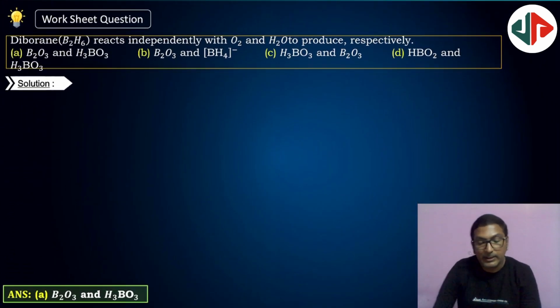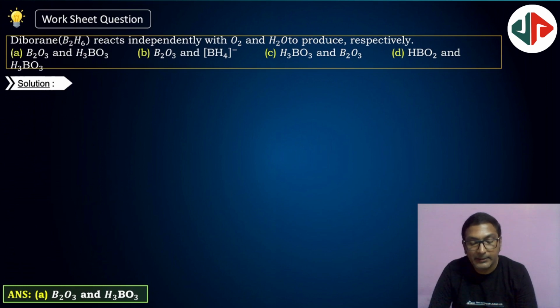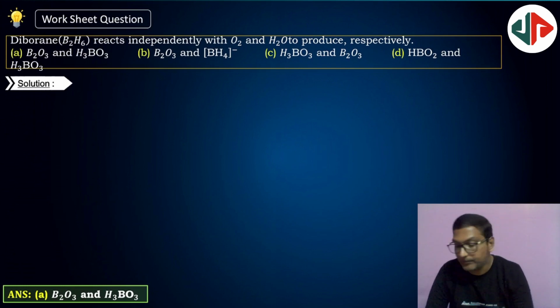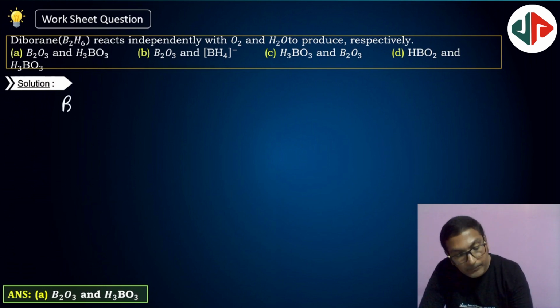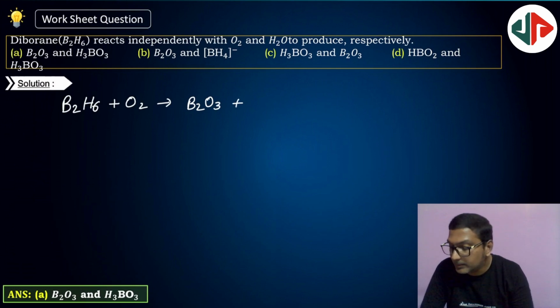Diborane reacts independently with O2 and H2O to produce, respectively. Here simply B2H6 reacts with O2 to form B2O3 plus H2O.